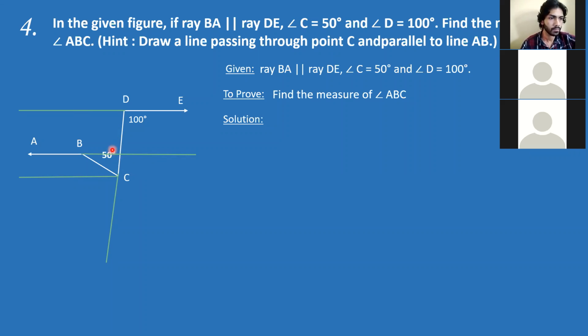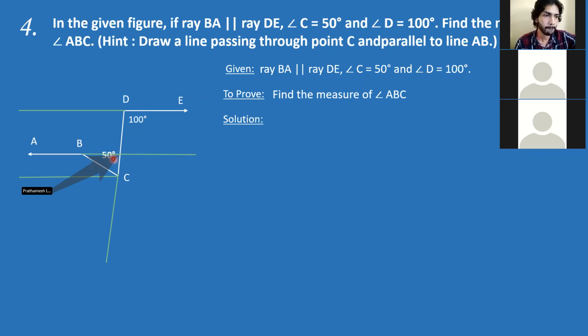If this is 100, then according to linear angles, this will be 80 here. So if this is 80, again using the opposite angle, this angle will also be 80.